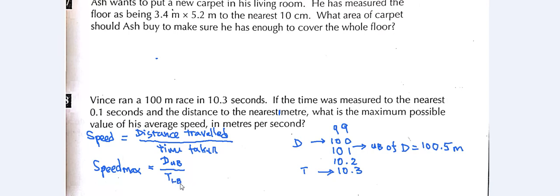Because you are looking for a lower bound, so you consider the number before this. So to get the lower bound of t, you just find the midpoint of this, which is equal to 10.25 seconds.